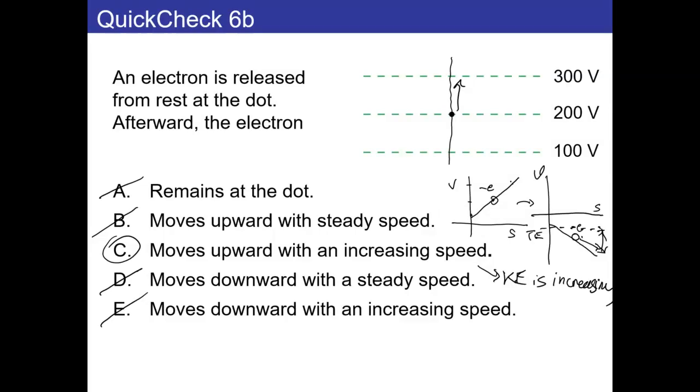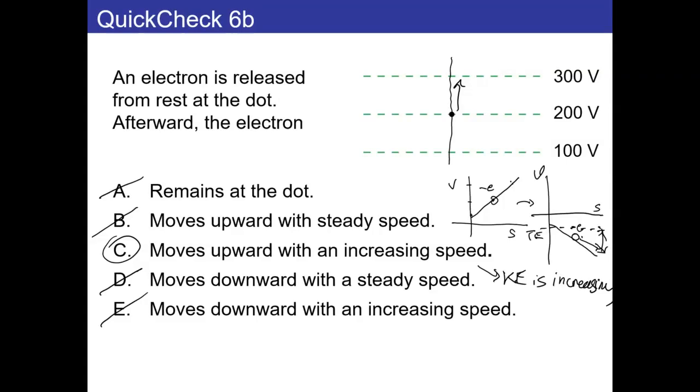Okay, so the logic is as follows. I'm along this line here, and I've plotted out the potential. So the potential is increasing as we go up. An increasing potential, because Q is negative, corresponds to a lower potential energy. So energy is higher down here and lower up here, because remember, it's Q times V. Q is negative, so higher potential corresponds to lower energy.